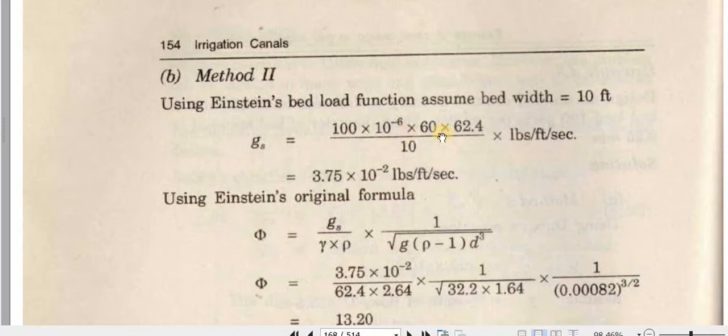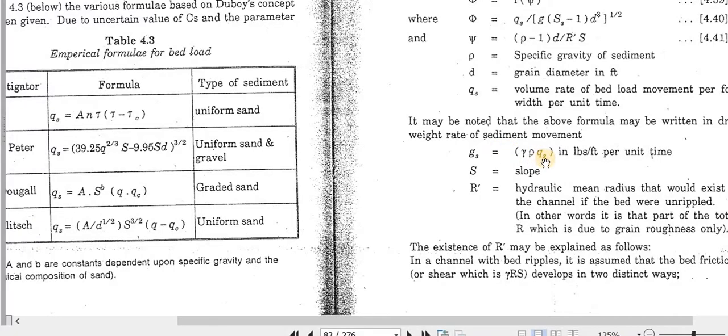Here 2.4, which is the specific gravity of sediment, is missing from this equation. We already discussed 100 into 10 raised to power minus 6. Only this portion, 100 into 10 raised to power minus 6, is equal to QS over Q. So here we have to enter only QS.